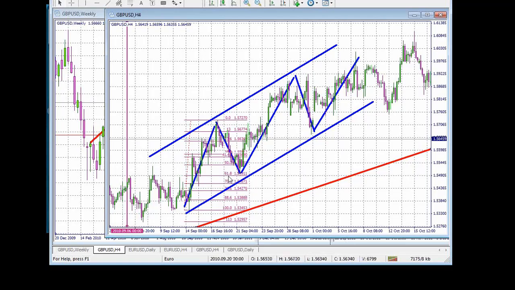The normal value for the second wave is between 61.8 and 88.6. For some currencies, the wave goes just until 61.8, and maybe the shadow will go to 70.7.